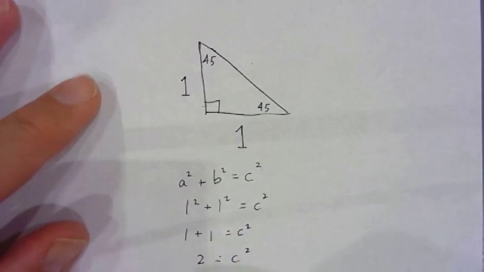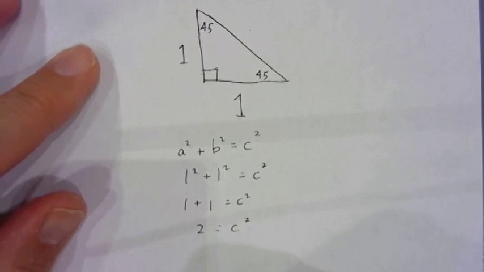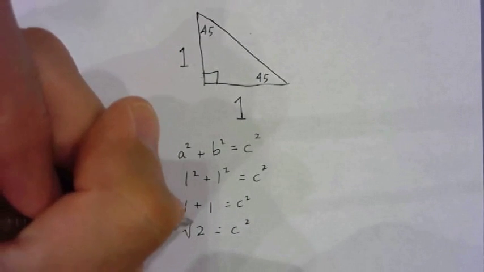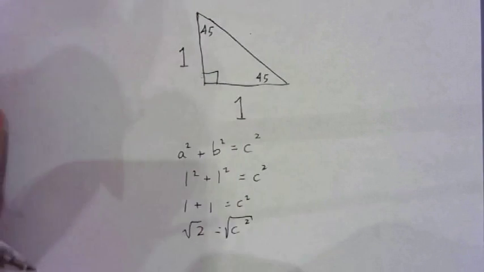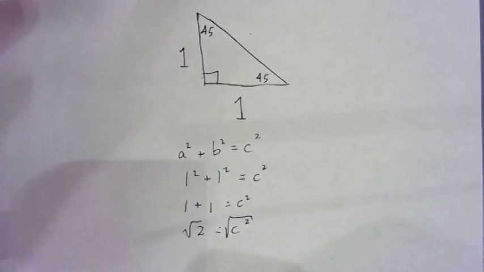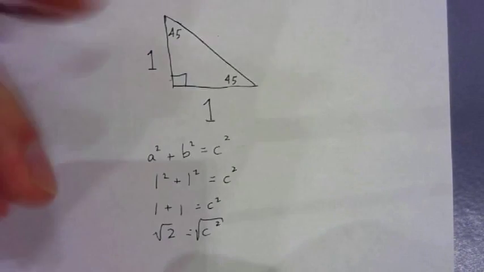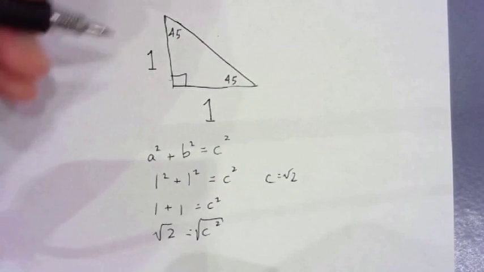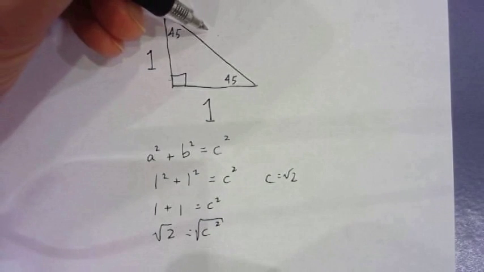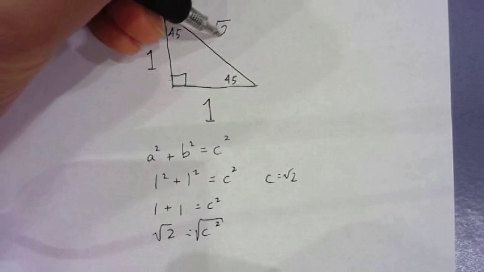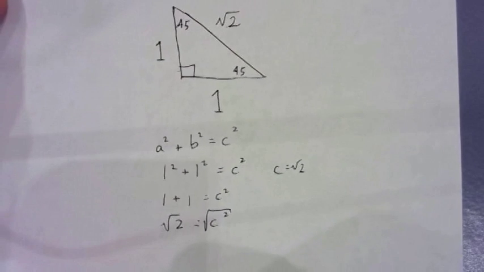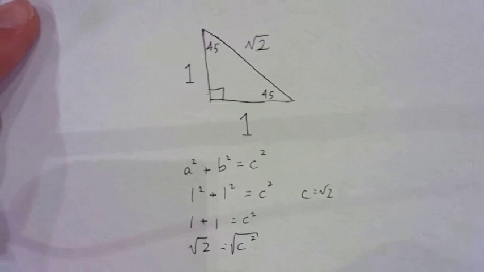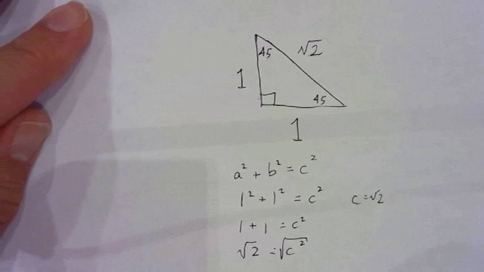To solve for c, I need to take the square root of both sides. So c is the square root of 2. I will label that as our hypotenuse.